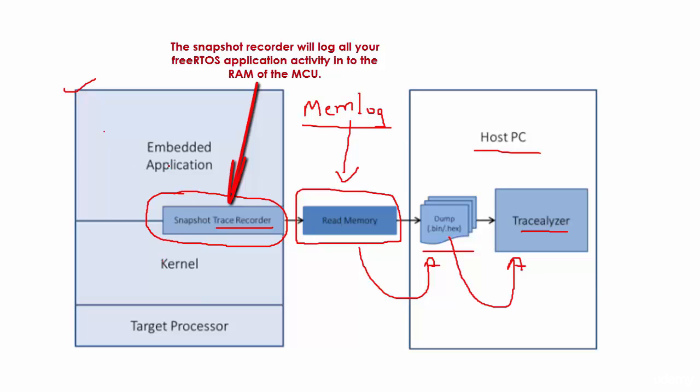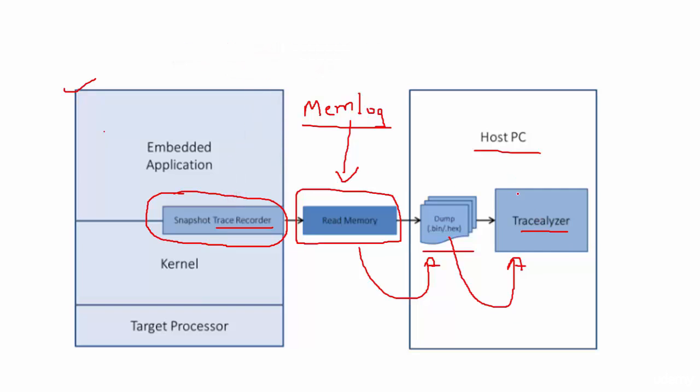Every activity going on in your application, this recorder library will log into the RAM of the microcontroller. We are just dumping that log to a file, then giving that file as an input to the Tracealyzer software to see a graphical representation of the activities happening in your microcontroller. It is that simple. That's how the Tracealyzer works.